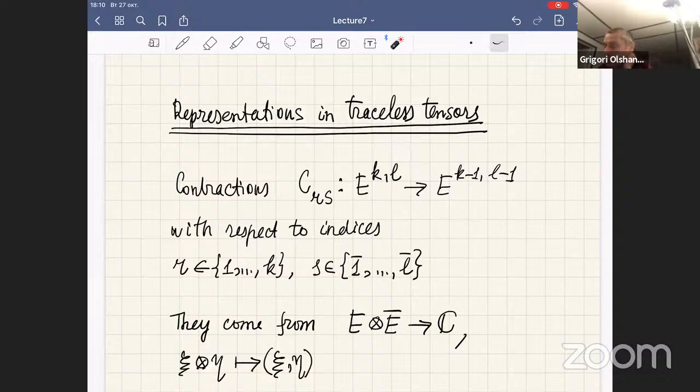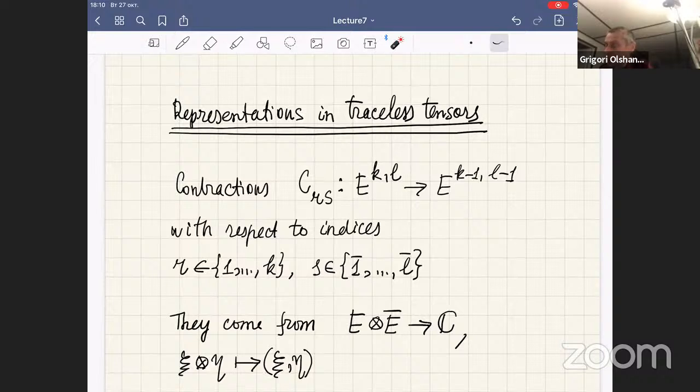It appears as follows. I recall the definition of the contractions. These are operators which map this tensor space to another tensor space with K and L, where we subtract one from K and one from L. And the definition is as follows.